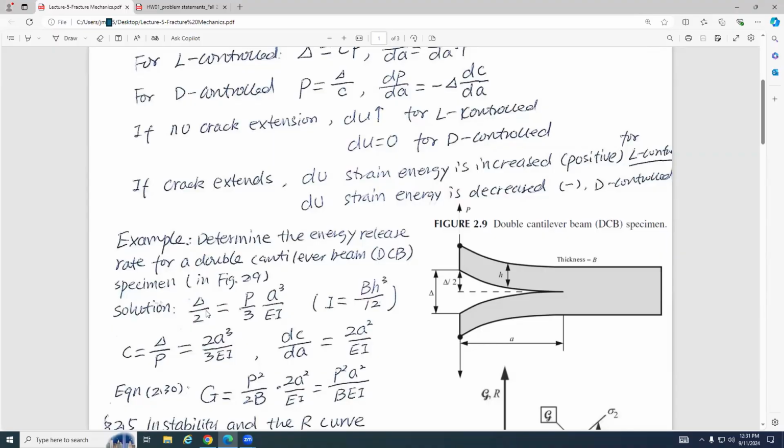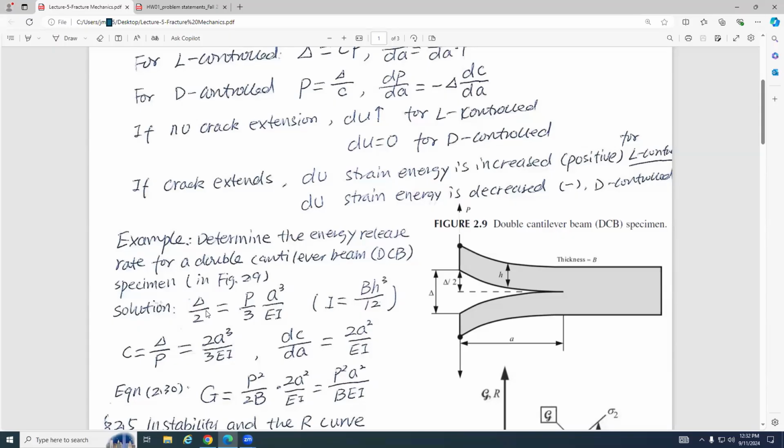I will not show you how to derive this one. But we know that for the DCB, the displacement for the tip from the original point can be calculated using this equation. P is the load, A is the crack length, and EI. And EI equals this.